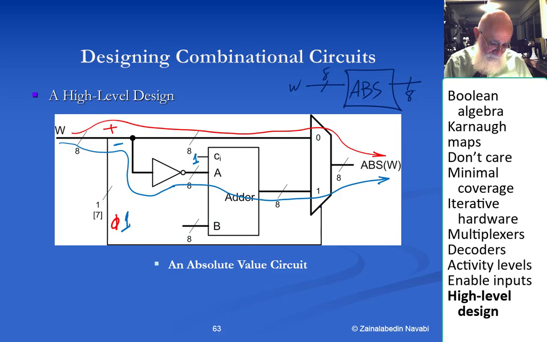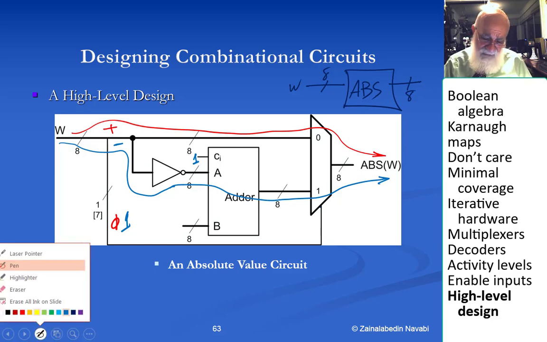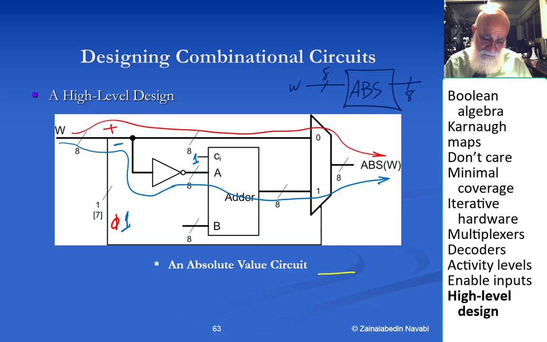Let's do another example. What if I ask you to have a circuit with an A input and a B input, 8 bits both, that puts the maximum of A and B on the output? How do you go about it?